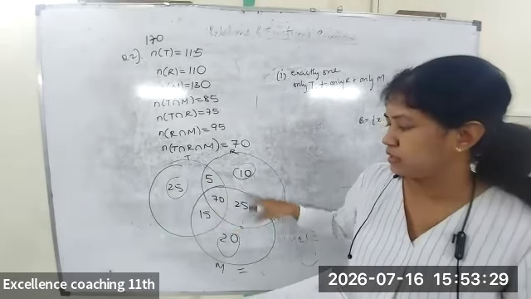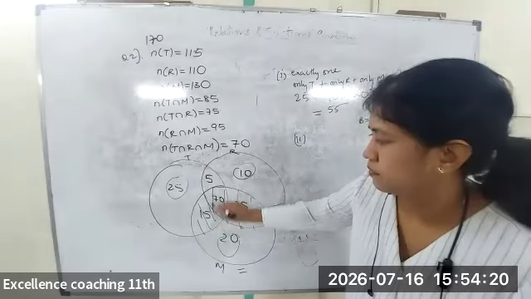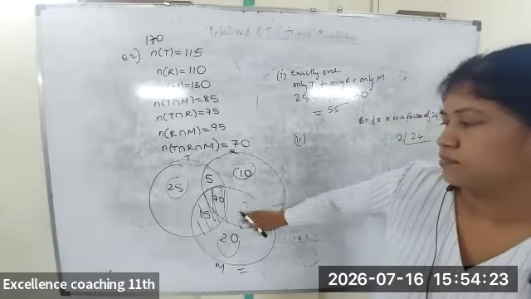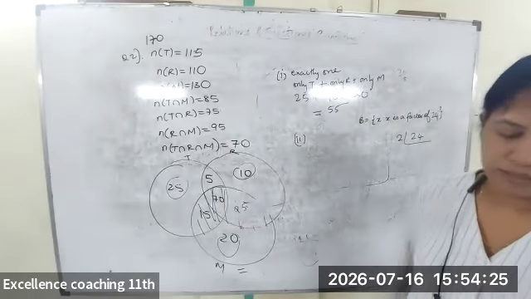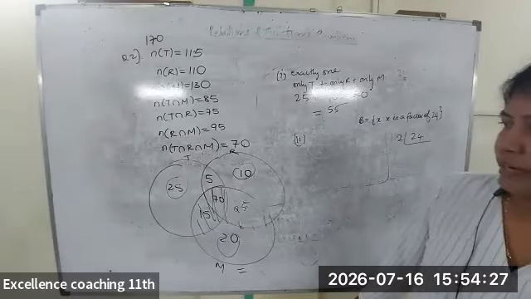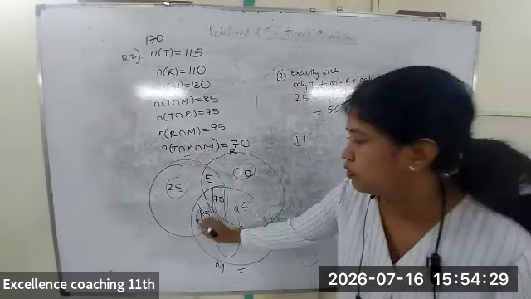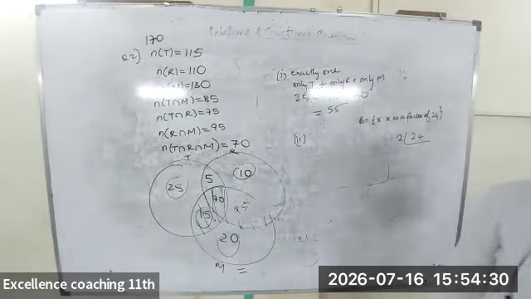Television and magazine, no? This circle. Television and magazine it is true, but not radio. So if you remove the radio circle, this area. 15 will be the answer, second one.